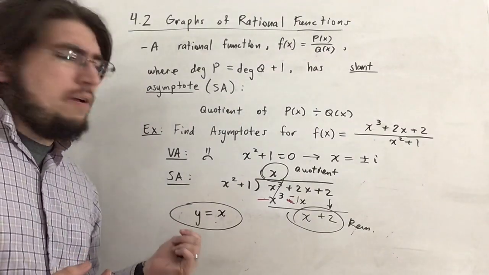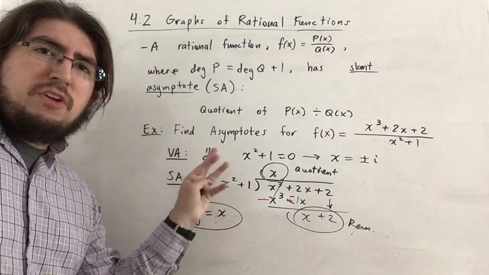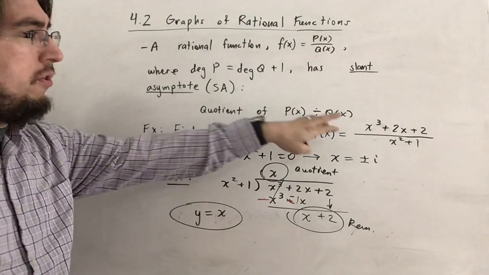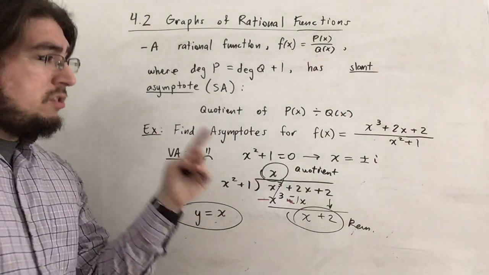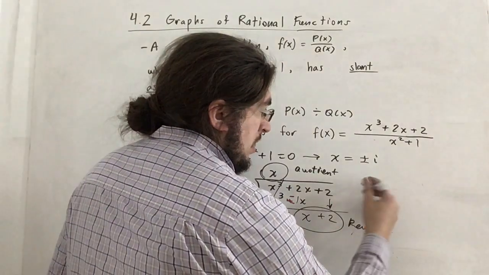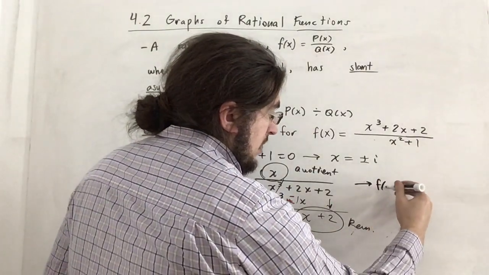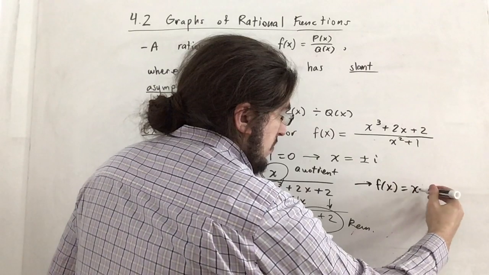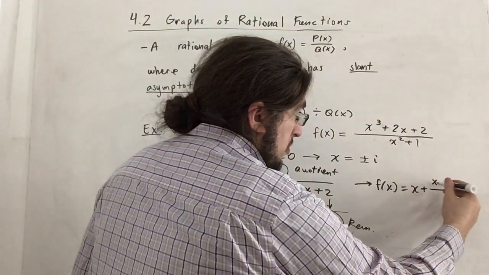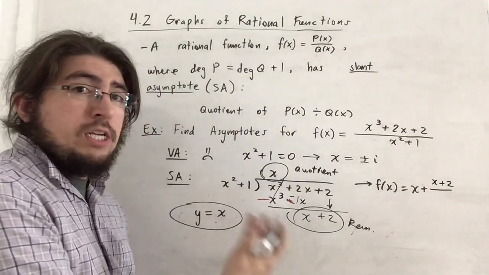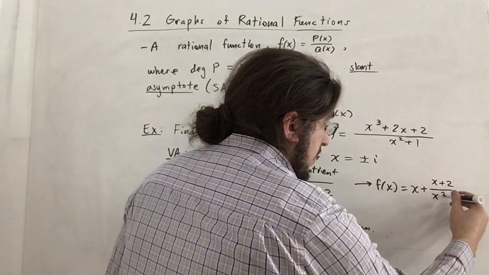But why? Well, remember that for division, the way you can write this fraction of polynomials is the quotient x. So we can write this f of x as x plus the remainder, x plus 2, over the original denominator, x squared plus 1.